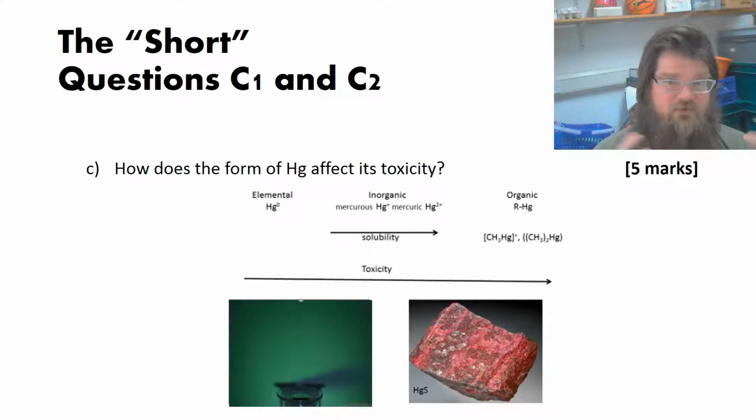You could have had a little bit of description about why that is, and some of you who are doing biological sciences went into great detail as to why these organic forms of mercury can get across cell membranes because they're lipid soluble. That's great. Got credit for that, which was good.